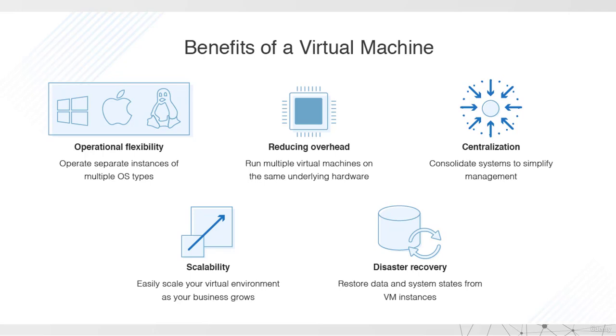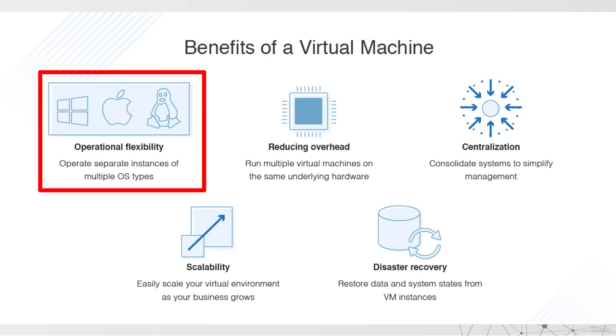First of all, virtual machines allow businesses to tailor resources according to their specific needs without being tethered to the limitations of physical hardware. So do you need a different operating system or a unique software stack? Well, with virtual machines, configurations can be adjusted on the fly, allowing for quick pivots and adjustments as business needs evolve, and that is known as operational flexibility.